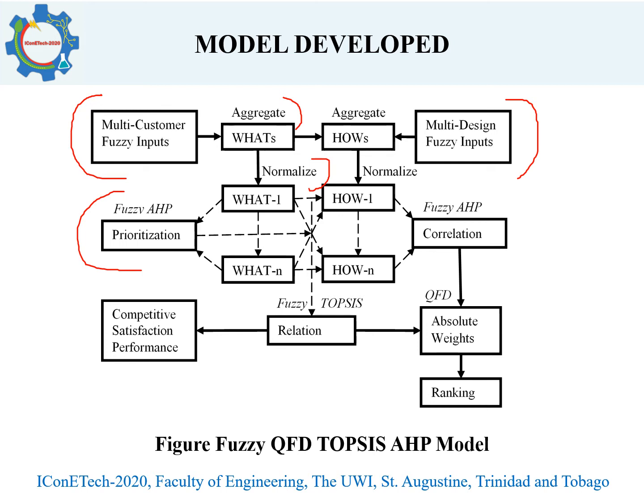The house data is aggregated and normalized. Then, the normalized house data are correlated with fuzzy AHP. Both normalized whats and house relations are evaluated with fuzzy TOPSIS.